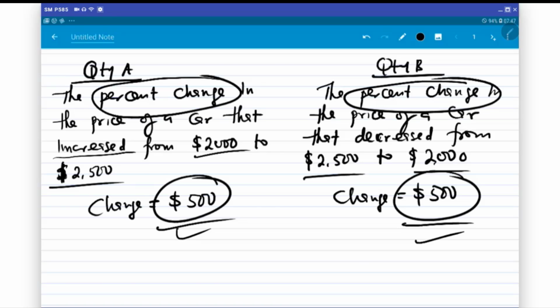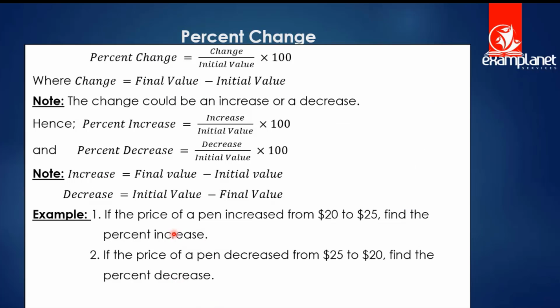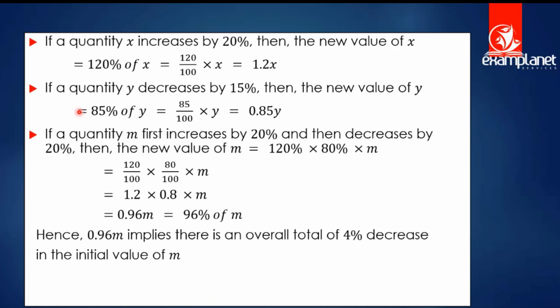Alright, moving on. If a quantity X increases by 20%, then the new value of X is equal to 120% of X. And that's 120% times X, which is 1.2X. So here, we are looking at a faster way to handle our percent change.